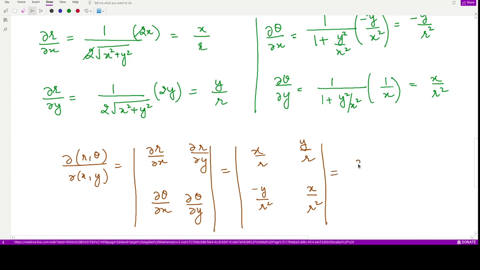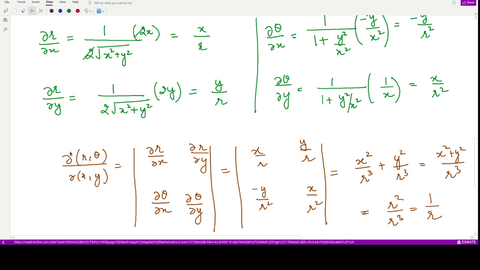So it would be x square by r cube plus y square by r cube. So it simplifies and reduces to x square plus y square divided by r cube. So this is r square by r cube, which is equal to 1 by r.